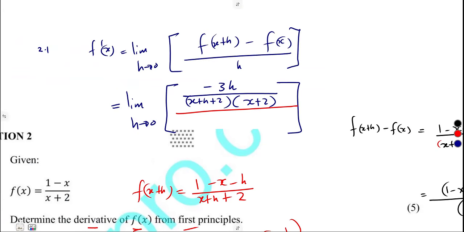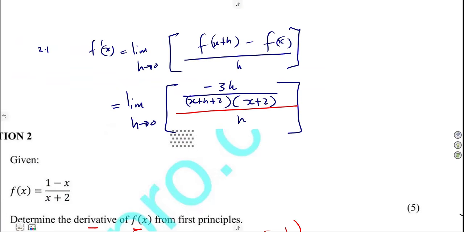Remember, guys, I told you from the simplification of these basics that when we have a fraction like this, and there is a term in the denominator, we can cancel it with the numerator. So the h and the h can cancel, a over b over a, like this.